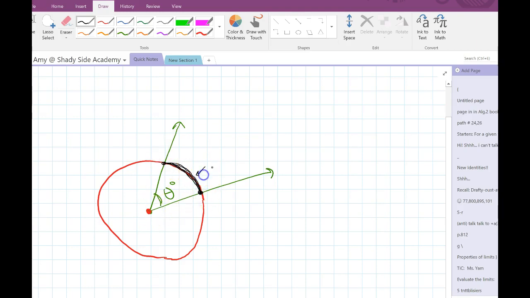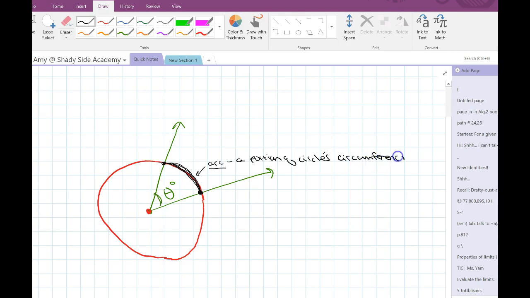This distance here on the circle is called an arc, okay? And as you see, this angle intercepts an arc. An arc, some people like to say, is a portion of a circumference, right? It's obviously not the whole circumference, but it's a portion of the circle's circumference.